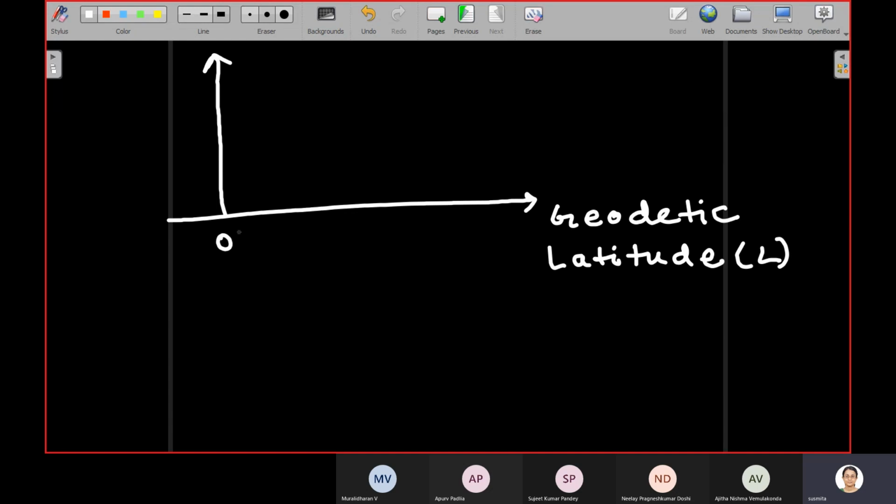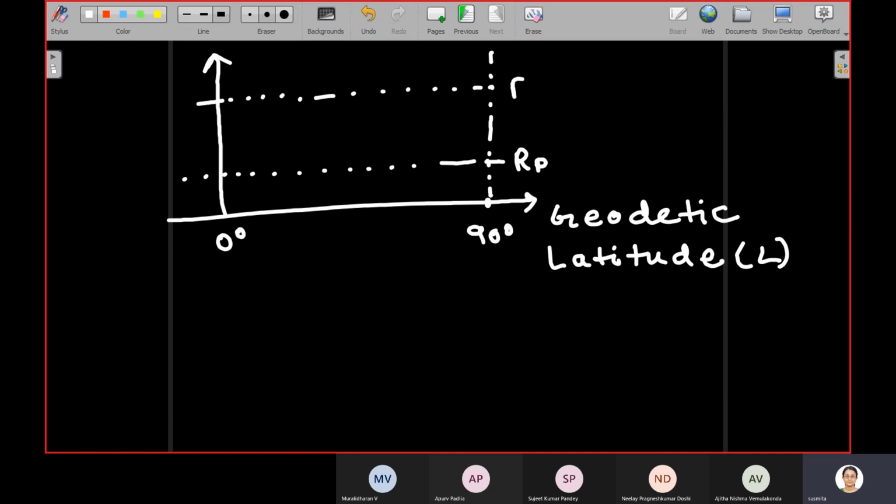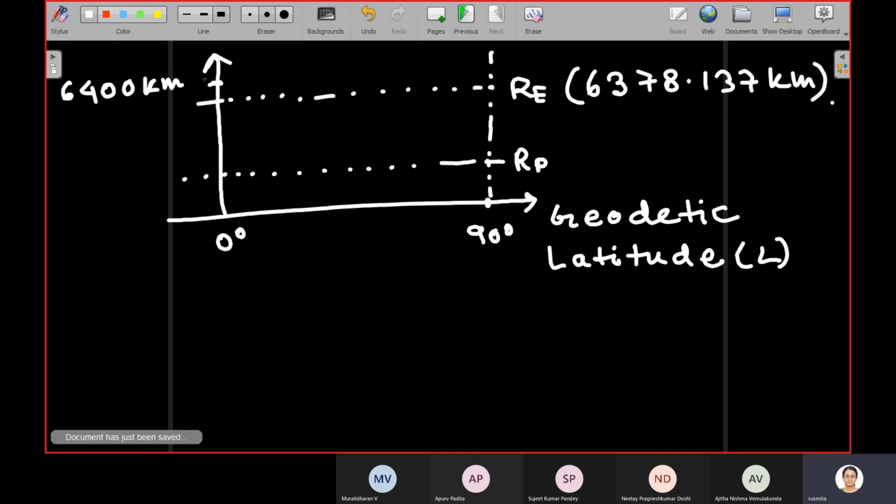So this is 0 degrees and this one is 90 degrees. And this length is Rp, polar radius. And let's say this one is Rp, which is 6378.137 kilometers. And this length is another one, which is 6400 kilometers.